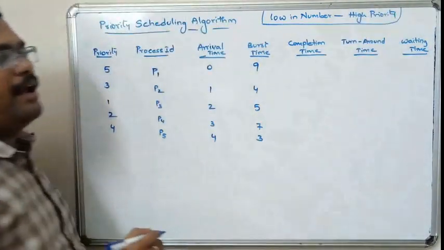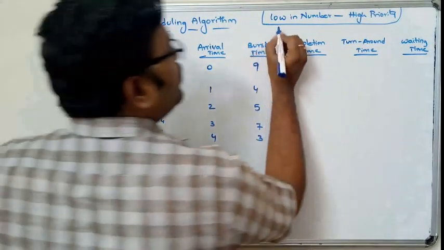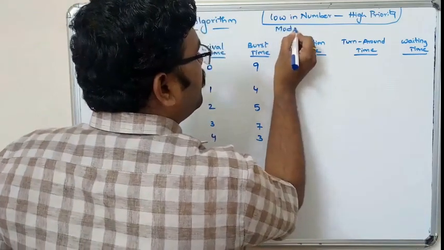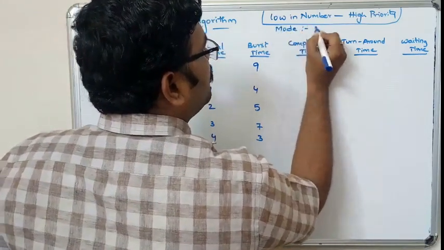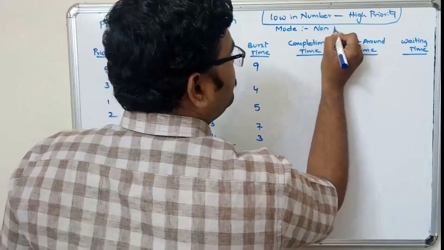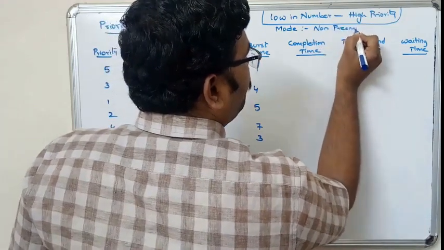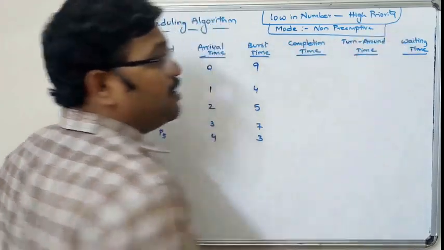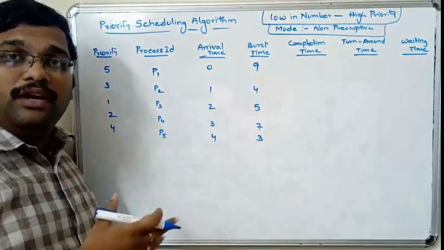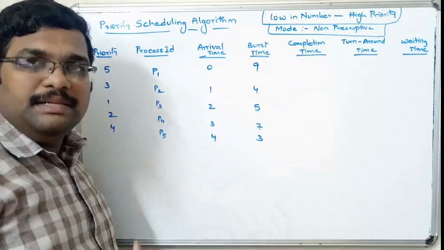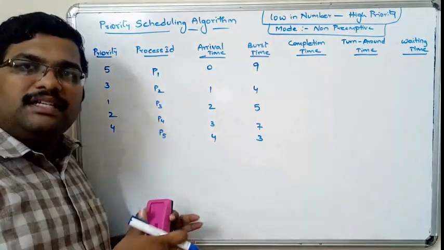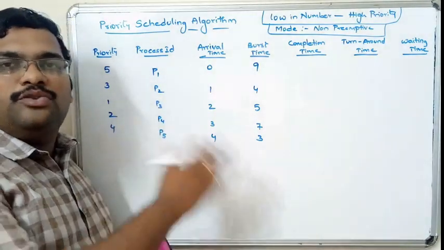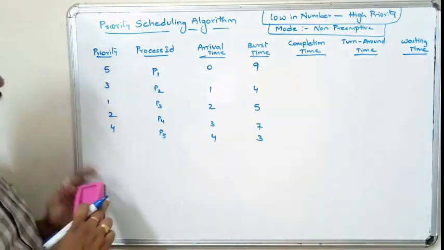Low in number is high priority. And also the mode is non-preemptive. As I said, non-preemptive means we should not disturb the process which is executing on the CPU. Until it completes its execution, no other process should enter into the running state.